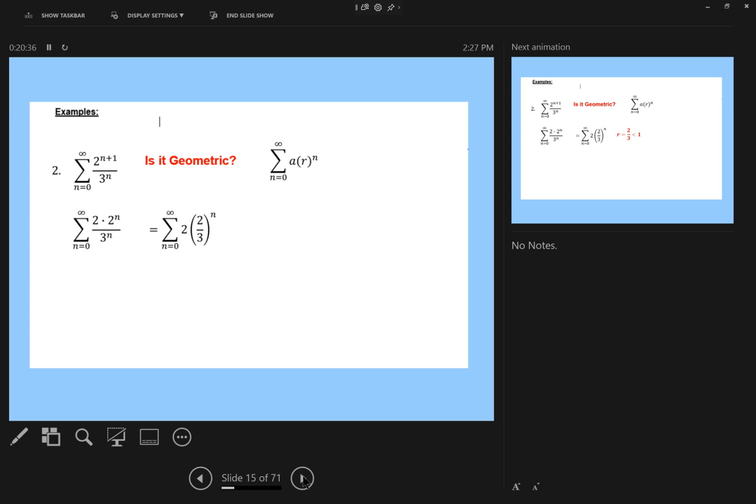So if I write it like this, is it geometric? Check. Okay, so converge or diverge? Converge, because of the 2/3. So if it's a converge, that means I can find the sum. Try it. See what you get for your sum.